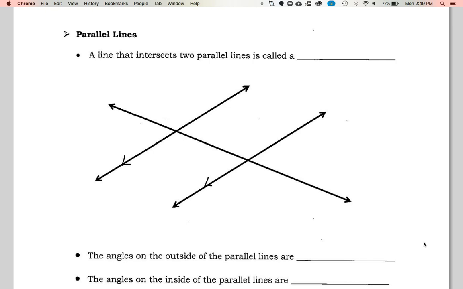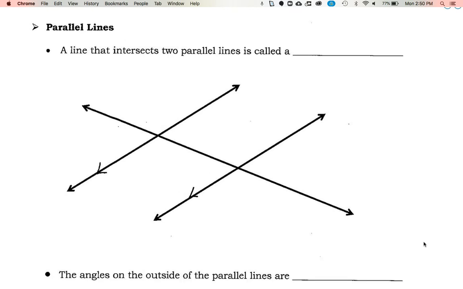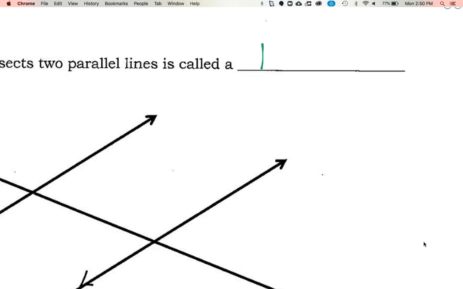Now, what if we have two intersections? Two intersections, and those two intersections are parallel lines. So a line that crosses or a line that intersects two parallel lines is called a transversal.